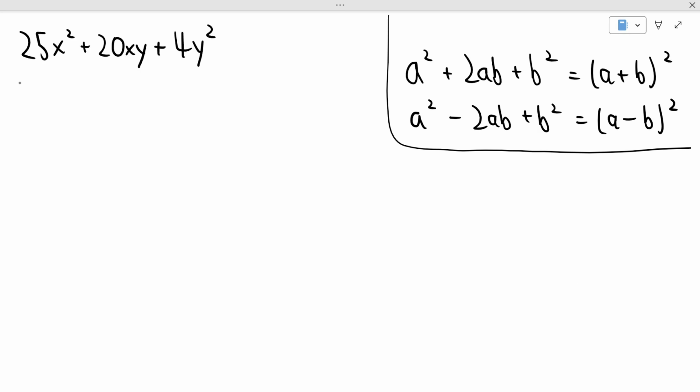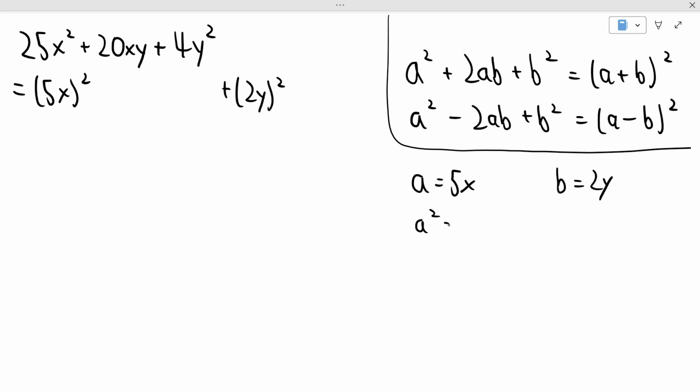Let's do another example. We can rewrite 25x squared as (5x) squared and 4y squared as (2y) squared. So this means we can set a equals 5x and b equals 2y, and that means a squared is equal to (5x) squared and b squared is equal to (2y) squared.